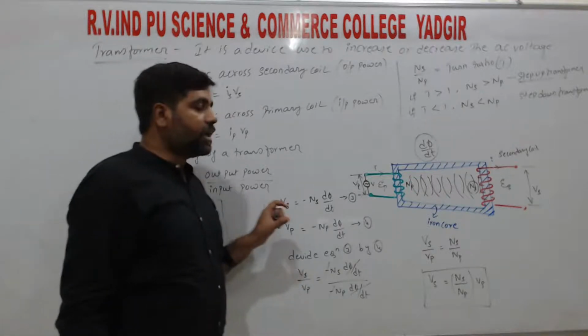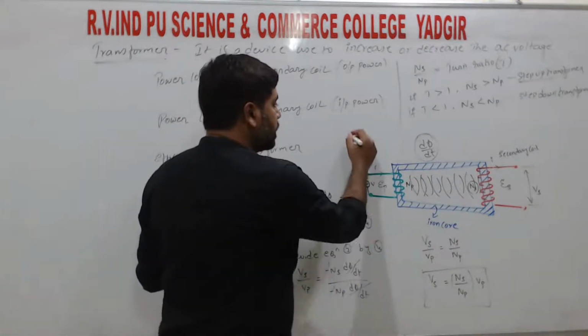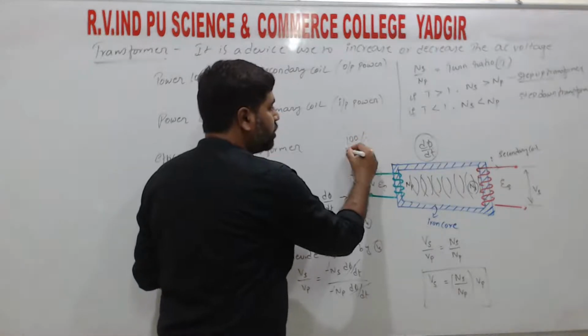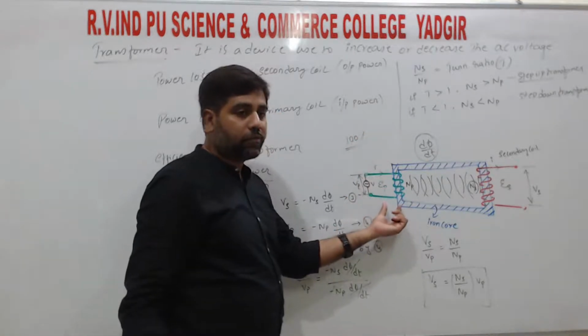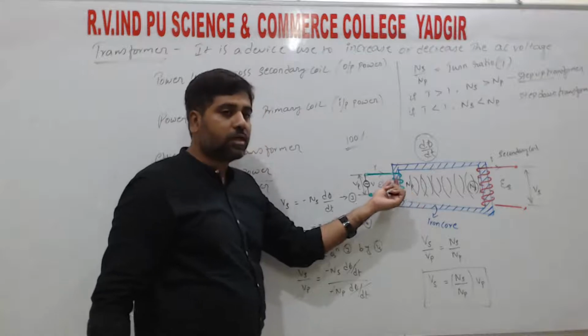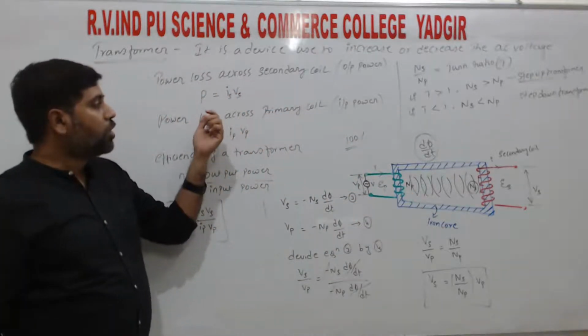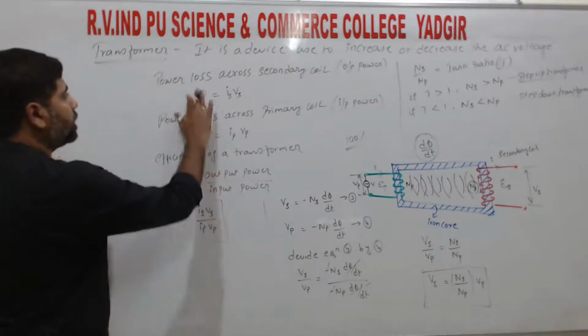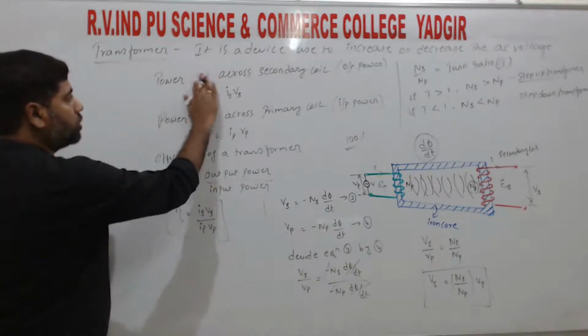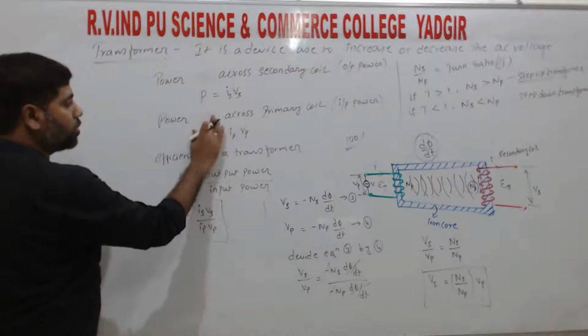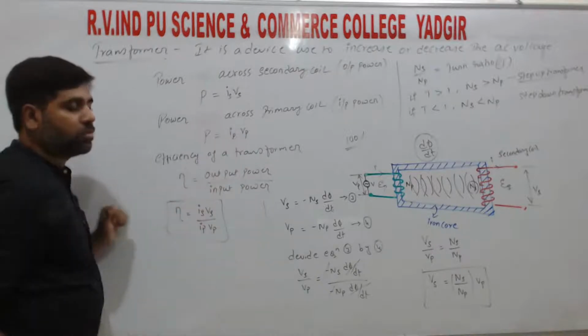So in the ideal case, the efficiency of a transformer is 100%. So when there are no losses in the transformer, so there are some losses, that is, here we take power losses, right? So here we take directly power across the secondary coil and power across the primary coil, right?